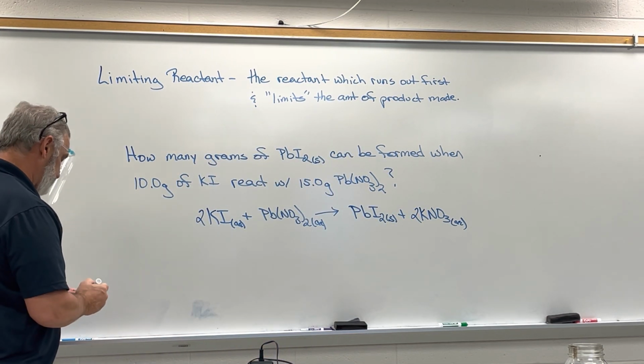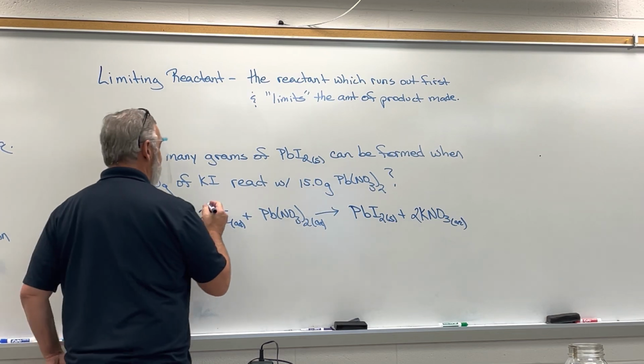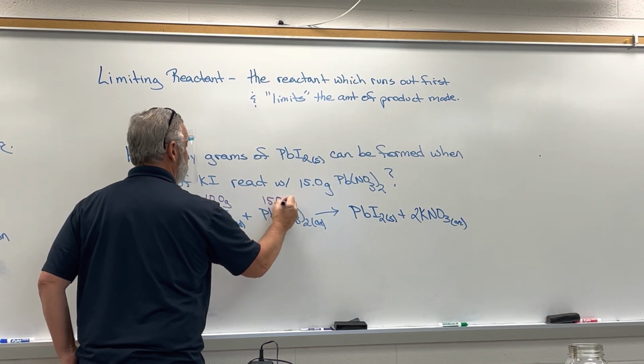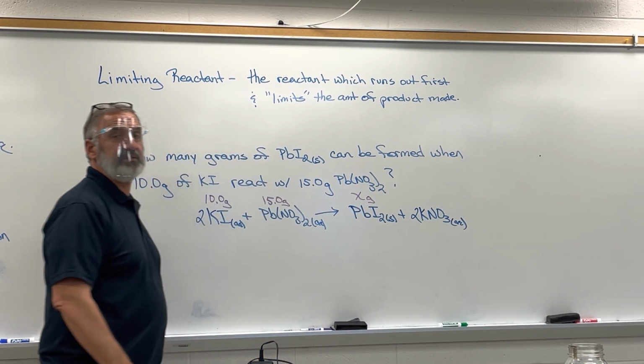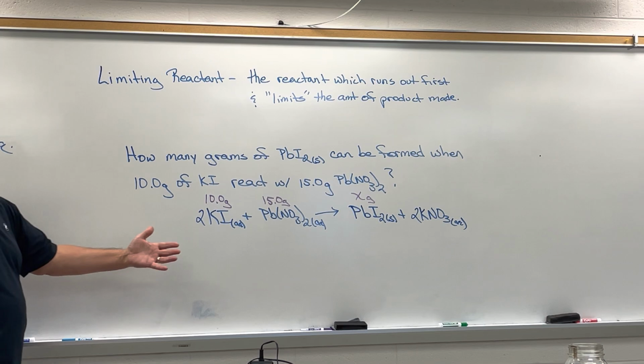Now this time we say, okay, what's my given, what's my unknown? Well, my given is 10 grams of this and 15 grams of this, and I want to know how many grams of that. But I'm supposed to start with what's given here, but I have two givens.